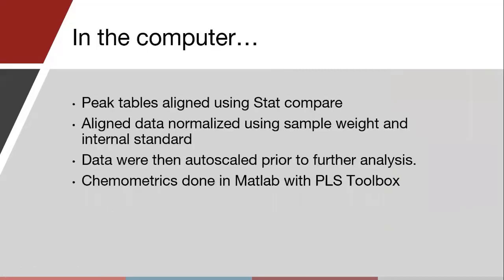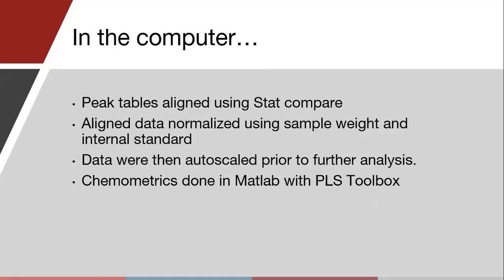What do we do on the computer? Well, the acquired peak tables were aligned using Statistical Compare feature in the LECO software. This aligned data was then normalized using the sample's weight and the internal standard response. Data were auto-scaled, and then chemometrics were performed on the data in MATLAB with PLS Toolbox.